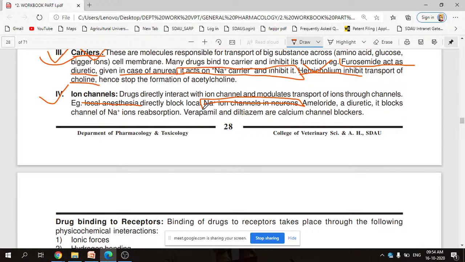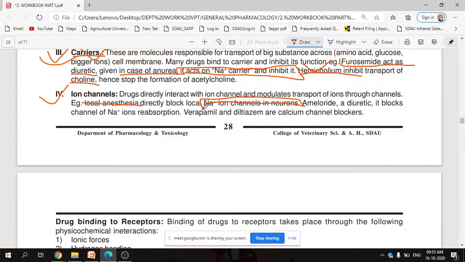And if there is no excitability, there is no generation of impulses, and if there is no generation of impulses, then there is no question of transportation of the impulses from one place to another place. So whatever pain sensations you are giving in the anesthetized area, that will not reach the brain. So this is the blockage of the sodium channels by the local anesthetic.